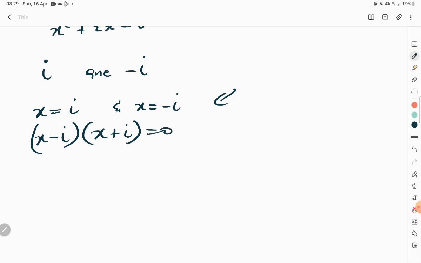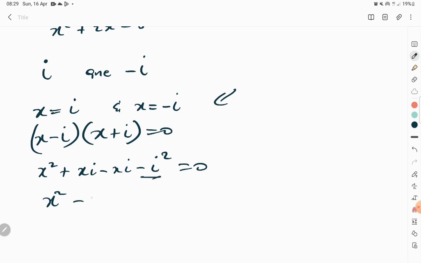So you can just expand now. Then we have x times x is x squared, then you have xi, then you have minus xi, then you have minus i squared. This is equal to 0. So basically you can see that these are the additive inverse, that they just give us a 0.